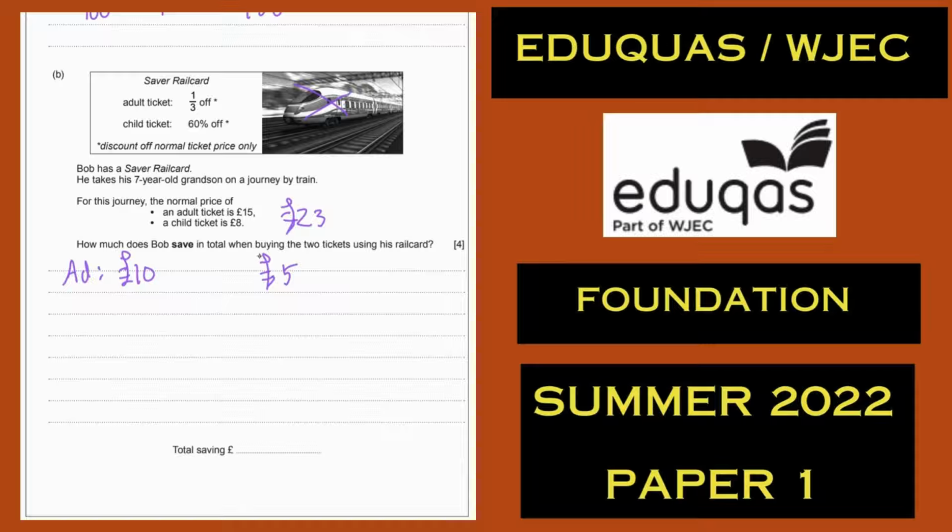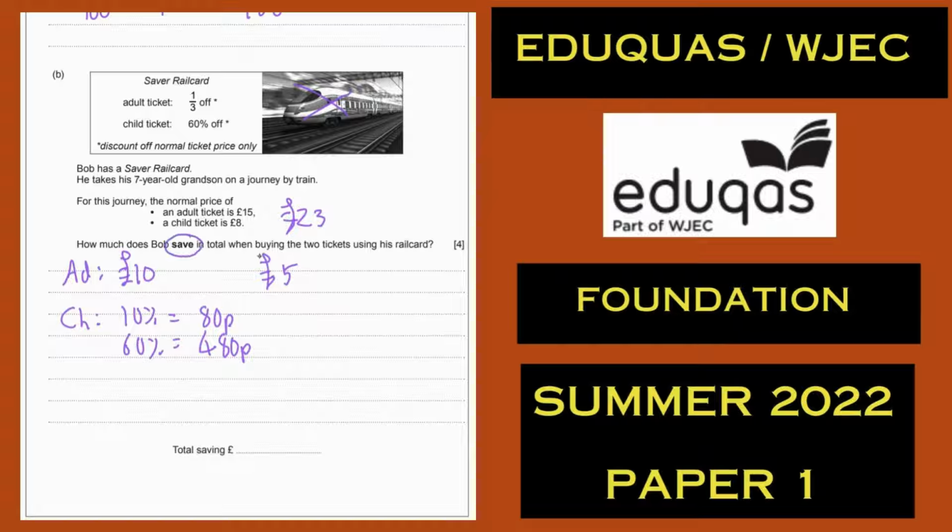Child ticket is £8. We get 60% off. So let's go for the child. 10% divide by 10. That's 80p. So 60% times it by 6 is 480 pence, or £4.80. Now it does say, how much does Bob save?